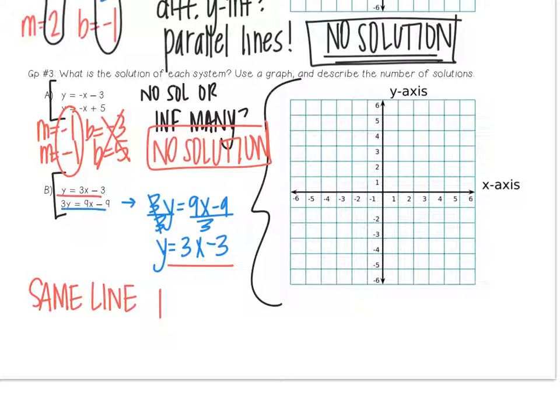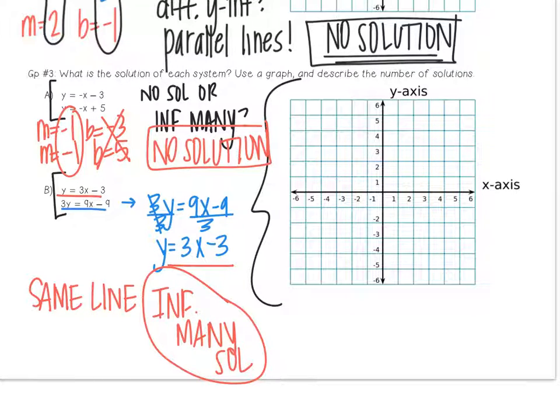So that means this one has infinitely many solutions. And you don't actually have to graph it. If they're different lines, you have to graph it to tell the answer. But if they're the same line like this one, or they're parallel lines like this one, you don't have to graph it. You just look at the slopes and the y-intercepts and say whether there's no solution or infinitely many.